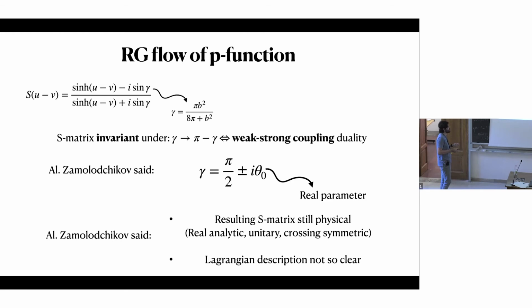For example, real analyticity, unitarity, it solves crossing symmetry. So this looks like a good S matrix. So let's take this model as some theoretical model that perhaps doesn't have a good Lagrangian description, but let's take the point of view of a model defined by its S matrix.